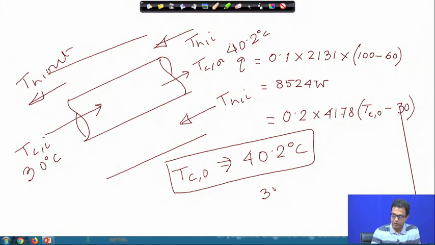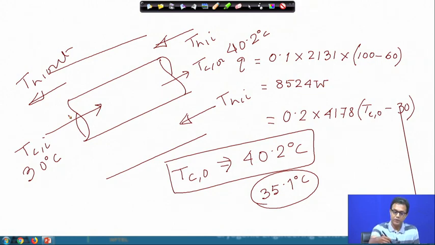It will come out to be 35.1 degree centigrade, and this is supposed to be a very good approximation that we have taken for the average temperature of the cold fluid. So, now we have both the inlet and exit temperatures known for both hot and cold fluids.